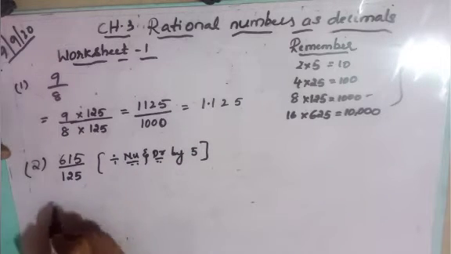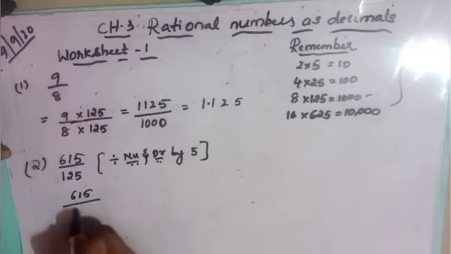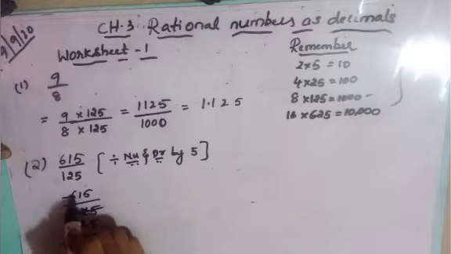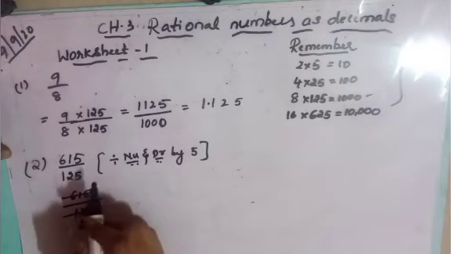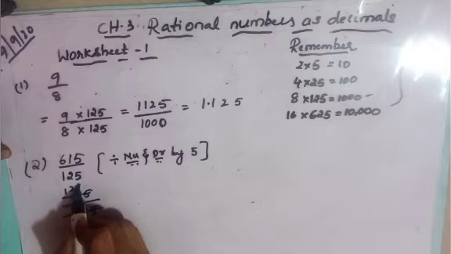So let us divide with 5, that is 615 divided by 125. 5 2s are 10, then 5 5s are 25. So 5 25s are 125, then 5 1s are 5, then 5 2s are 10, 5 3s are 15.